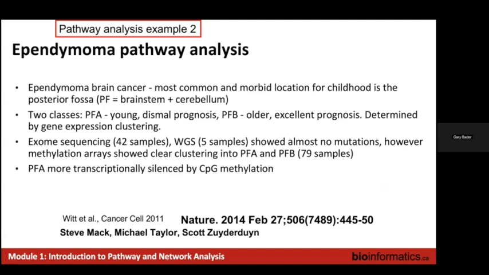And so Michael's lab studied this, and early on, just based on looking at gene expression analysis of all of these posterior fossa ependymoma tumors, had determined that there were two subtypes: subtype A, which affected the youngest individuals and has a terrible outcome, and subtype B, which affects older individuals, still children, but had actually a great outcome.